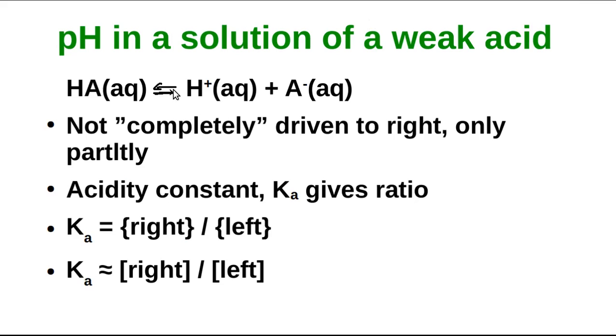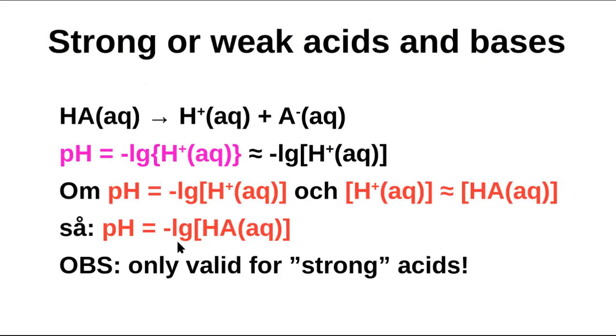But for a strong acid, it's very strongly shifted to the right. With that, one can use pH equals the minus logarithm of the acid concentration. This is a risk. It's valid for strong acids, but not for all acids.